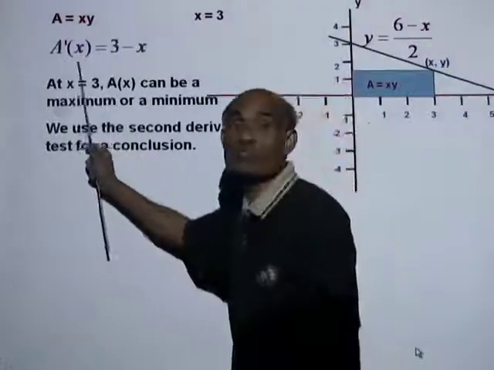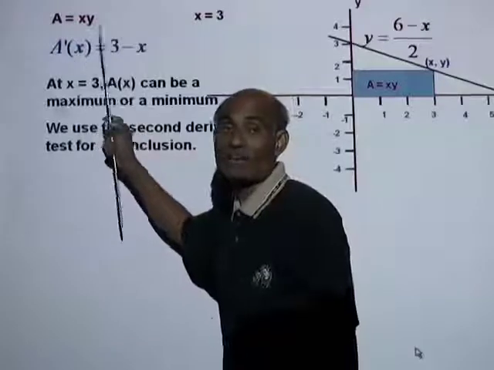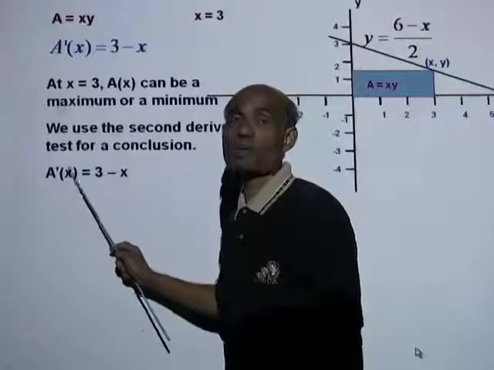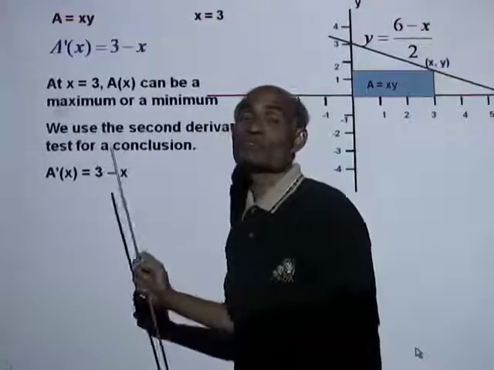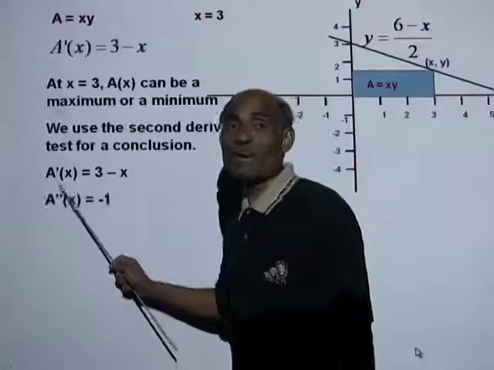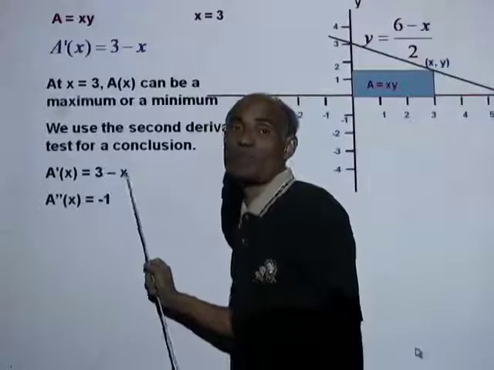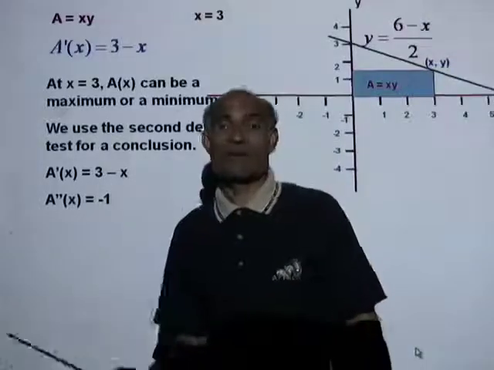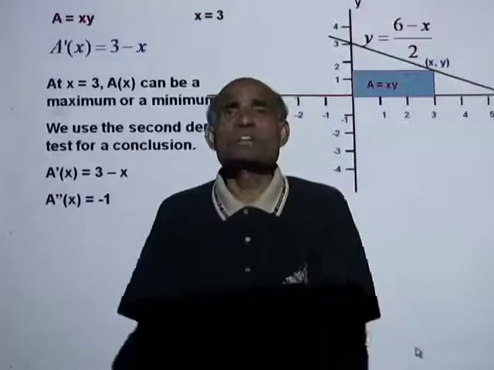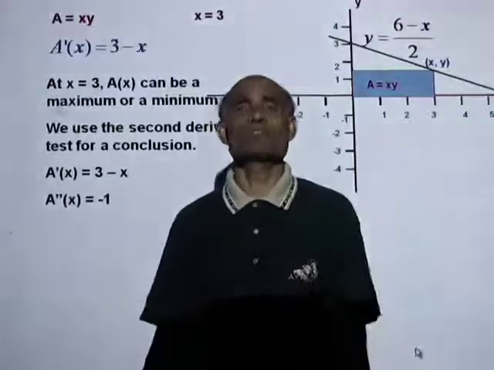So if this is the first derivative, let's find the second derivative. A prime of x equals 3 minus x. A double prime of x: derivative of 3 is 0, derivative of negative x is negative 1. And that negative 1 will be negative for all values of x.